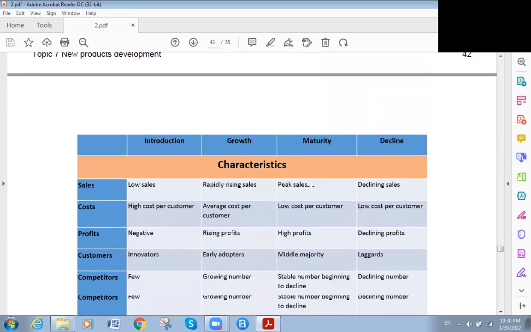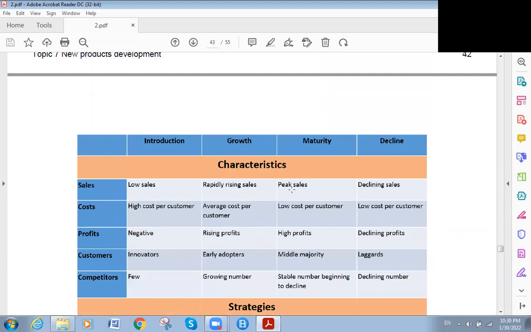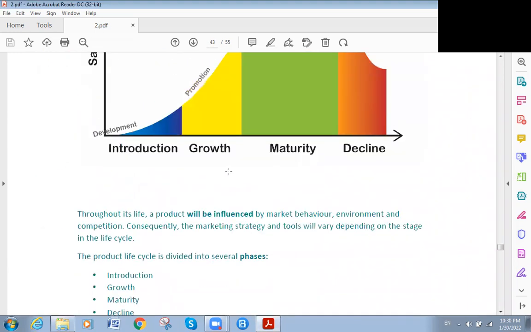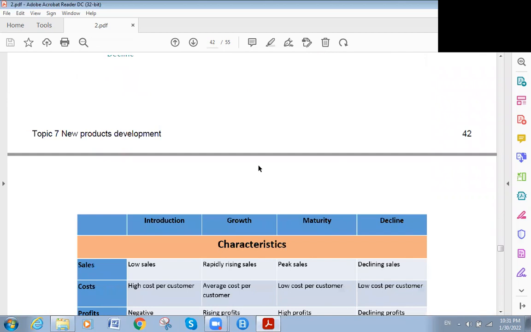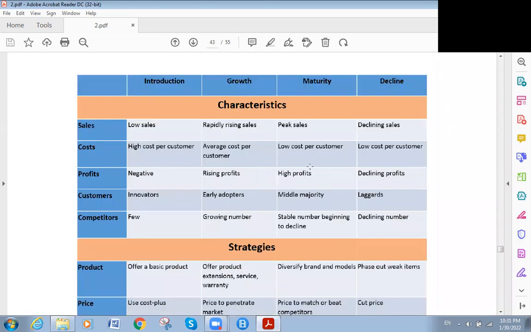In the maturity, the sales are at the peak, the top of your sales. And of course, the cost per customer will be down because you're selling more, so you can have a lower profit margin on each unit, so your price will be down. So also the cost will be down.